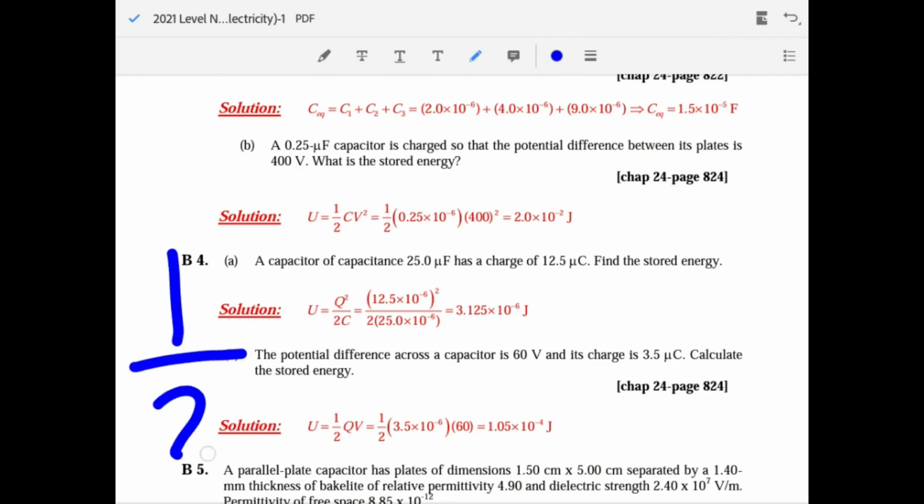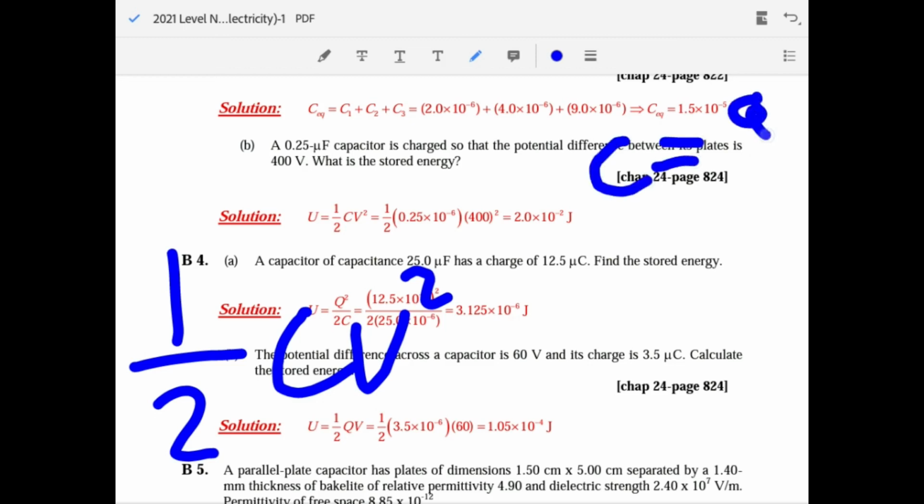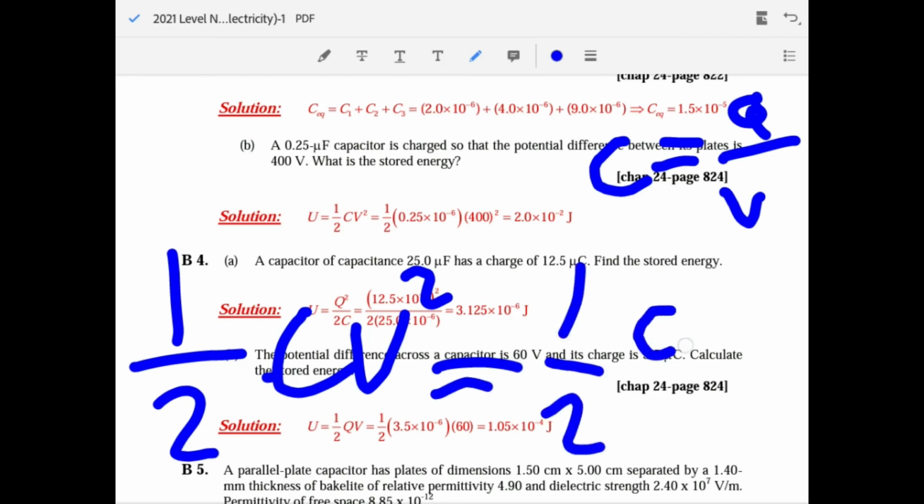So half CV squared. This one you can know, you just have to know one of them. Then you just keep using C equals Q over V and substitute here. So this becomes half Q over V times V squared, so V goes, so half QV.